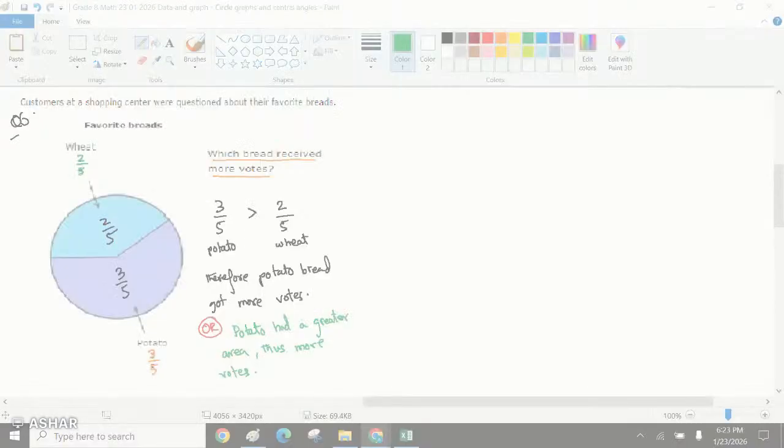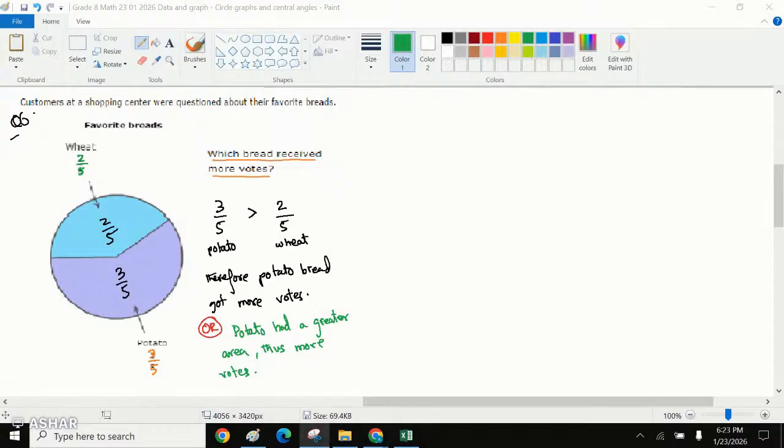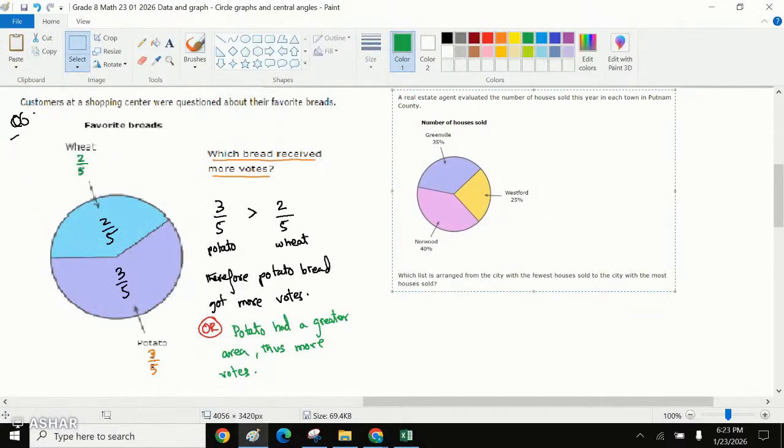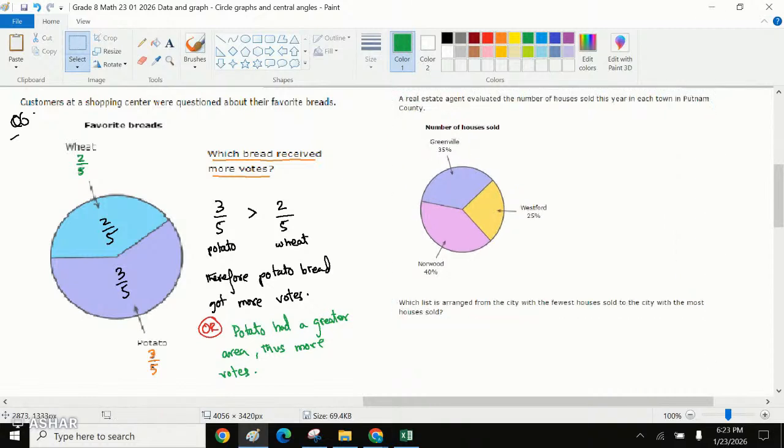A real estate agent is talking about selling houses in 3 different areas. This is question number 7. Let me just realign this.